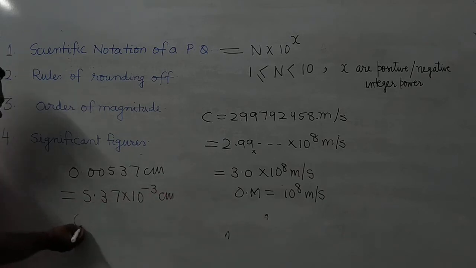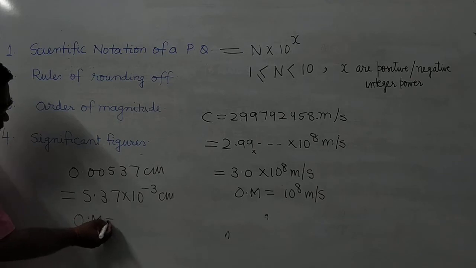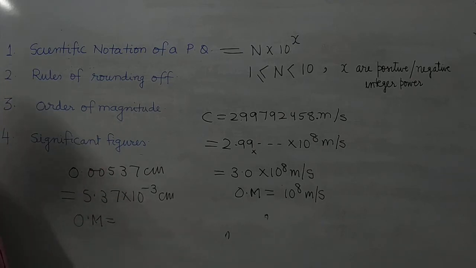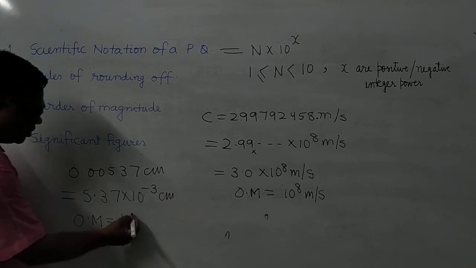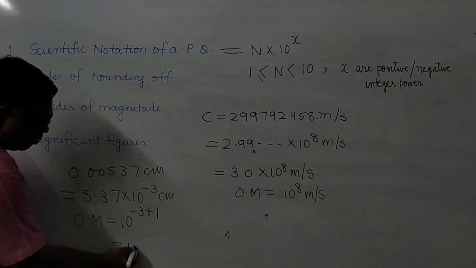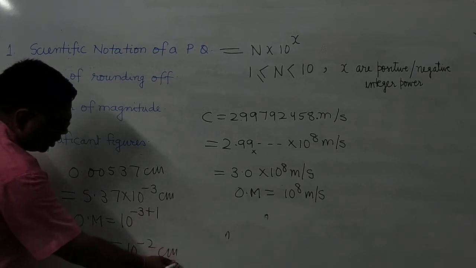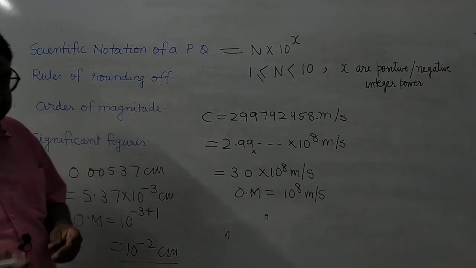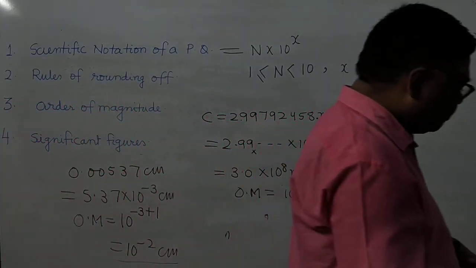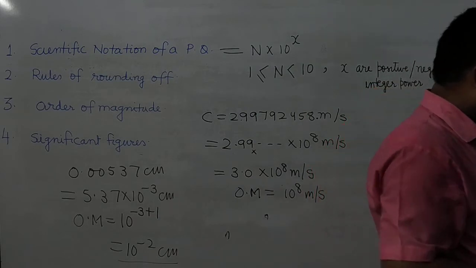What is the order of magnitude here? You will add 1 to the power, because 5.37 is greater than 3.16. So minus 3 plus 1, that is 10 to the power minus 2 centimeter. This will be the order of magnitude. Is it clear? Now perhaps these points will be very clear to you.